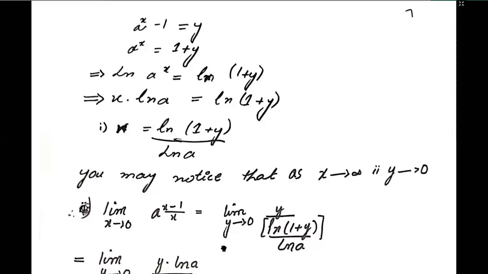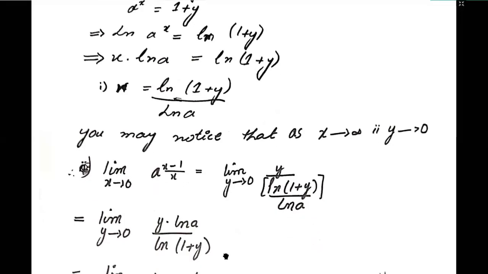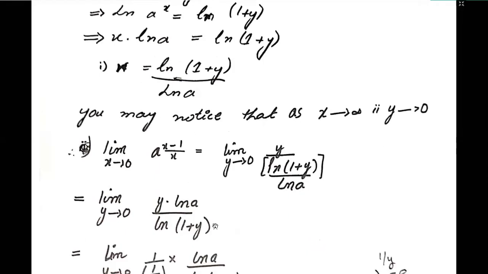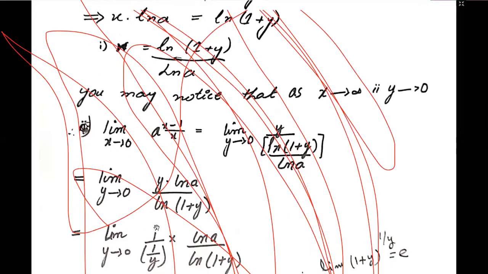And again, here is y and ln will be here, shift y and ln(1 plus y). This is simple, and limit y tends to 0, here y can be written as 1 upon y.